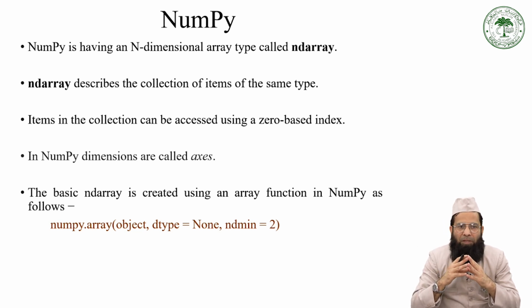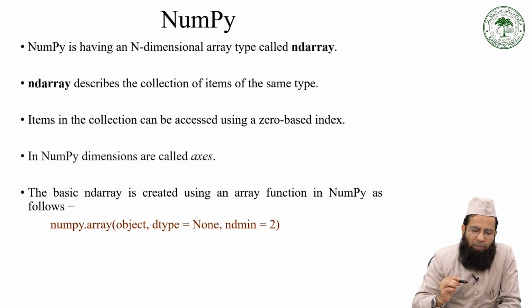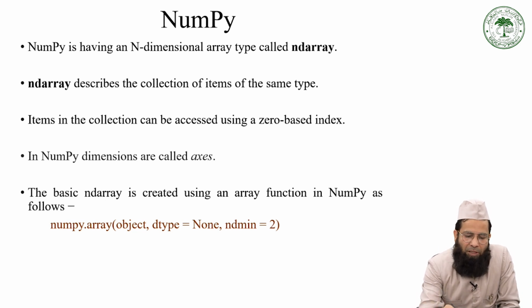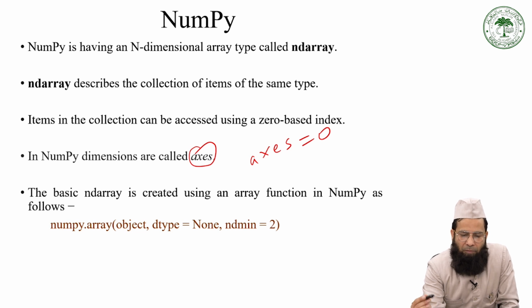In NumPy, dimensions are called axes. One thing needs to be remembered here: every dimension is actually called an axis. In the case of a 3-dimensional array, axis 0 is your dimension 0, that is, the tables in your 3D array, or you could say 2-dimensional arrays.